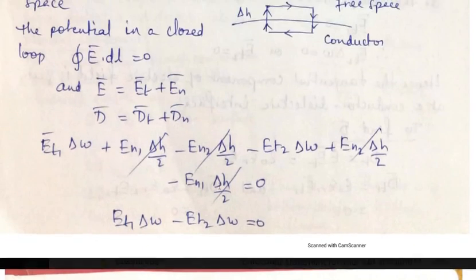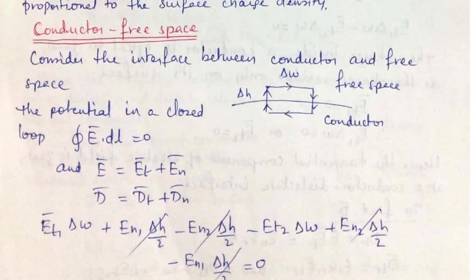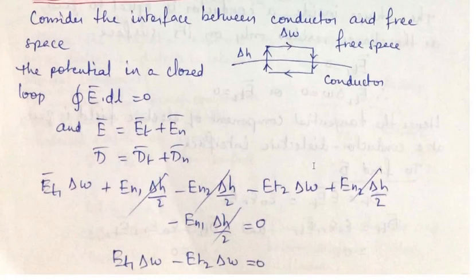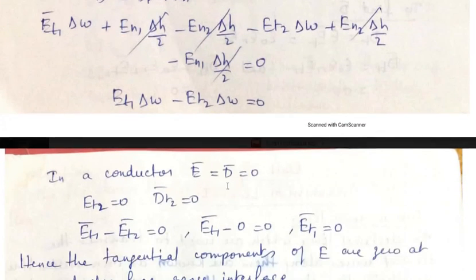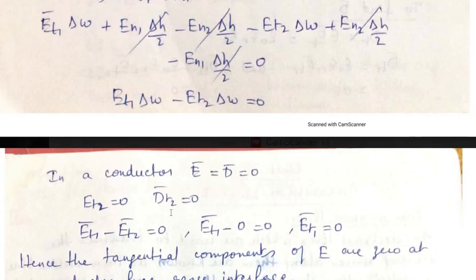Here we have taken the top material media as free space and the bottom one is a conductor. So Et2 and Dt2 both will be zero. Use this equation, Et1 minus Et2 equal to 0, but Et2 is equal to 0, therefore we get Et1 is also equal to 0.